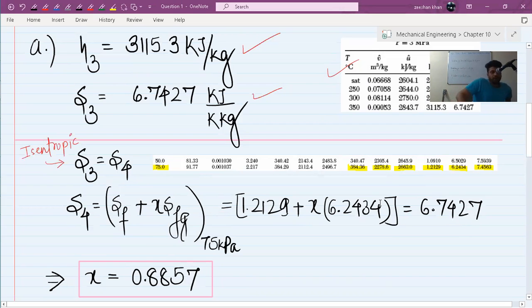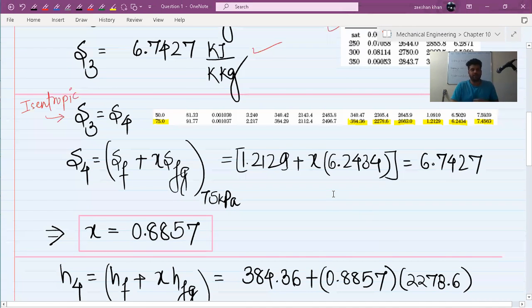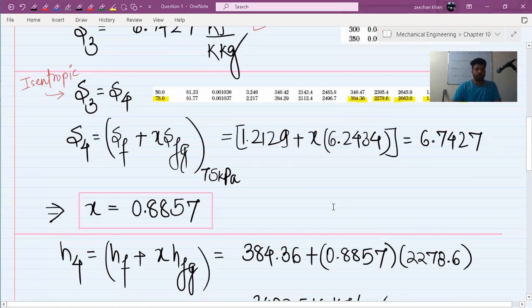So again, we refer to the table at 75 kilopascals and get the values of Sf and Sfg. That gets us the value of x, the quality of steam, which comes out to be 0.8857.